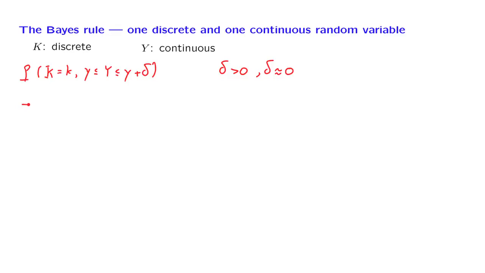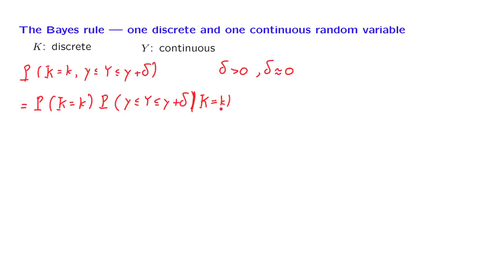So now we use the multiplication rule. The probability of two events is equal to the probability of the first event times the conditional probability of the second event, given that the first event has occurred.